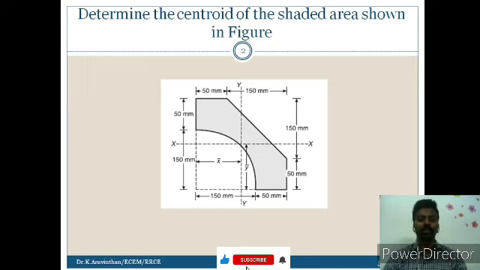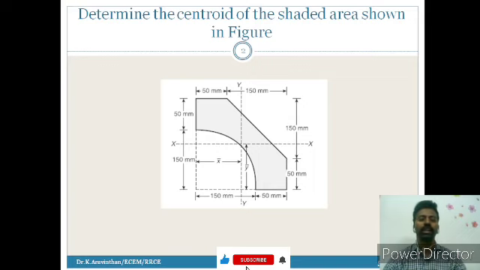So right now the centroid is a concept that you should understand. Then during moment of inertia, without identifying the centroid, we cannot identify the moment of inertia. Why? Because moment of inertia has the basement of centroid. If you know the centroid, then you can extend up to the moment of inertia.